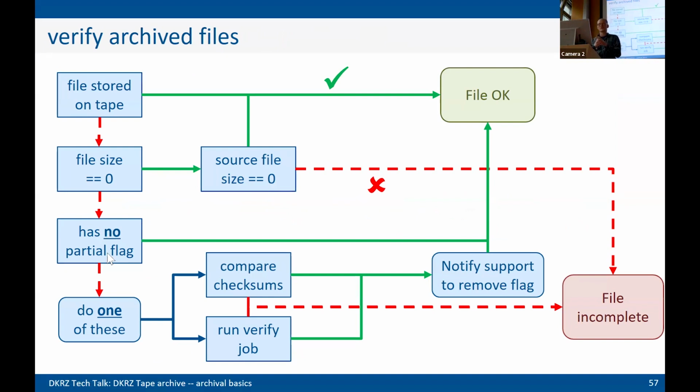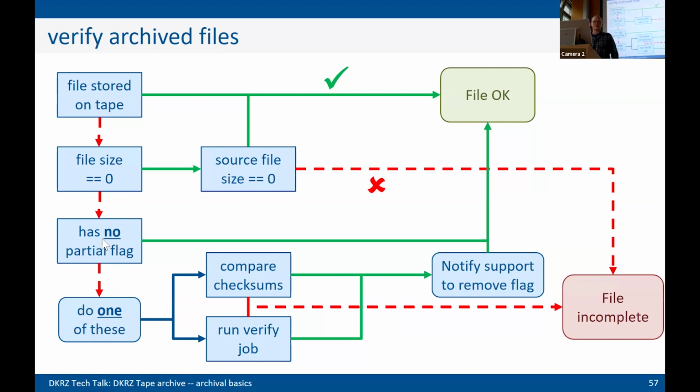But you should not check this with slk list, but with a specific other command called has_no_partial_flag. What I write here as text with underscores is a command, find it in the documentation. With this command, you can check whether a file is flagged or not. If this command tells you the file is not flagged, then everything is okay, and you do not have to care otherwise.